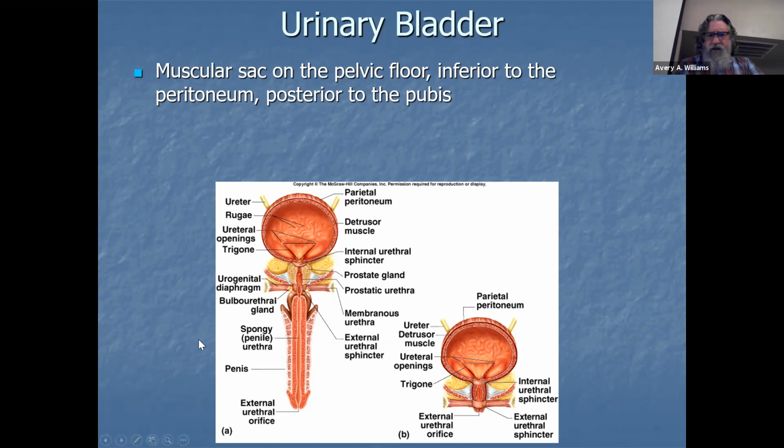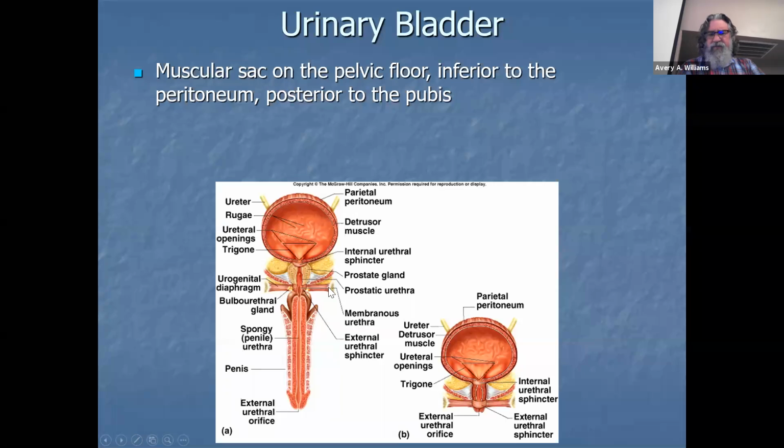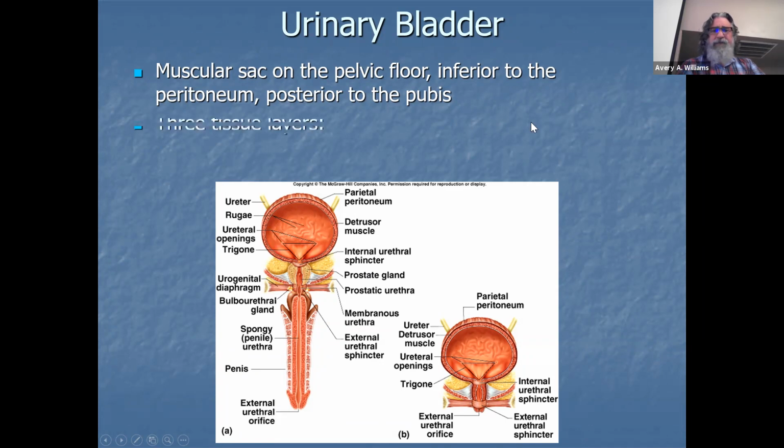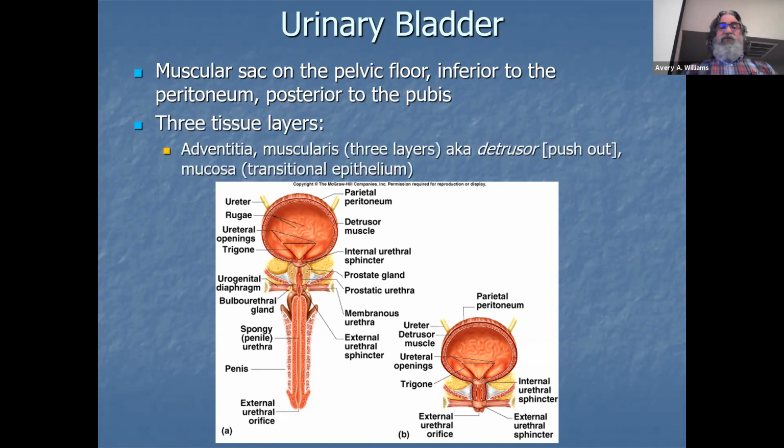So it would be draped over the top of the bladder here, and the pubic bones are cut away, so it would be back behind there. Again, likewise, there's 3 tissue layers of the bladder: an adventitia, which is pretty much the same, an outer connective tissue layer encapsulating the outside, and then an inner mucosal lining.